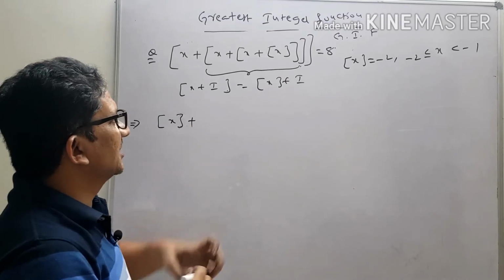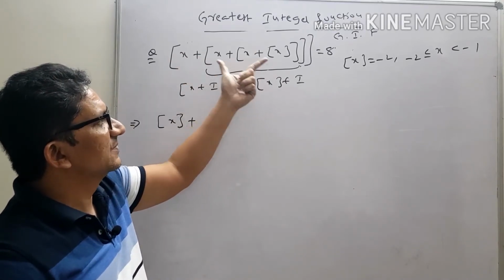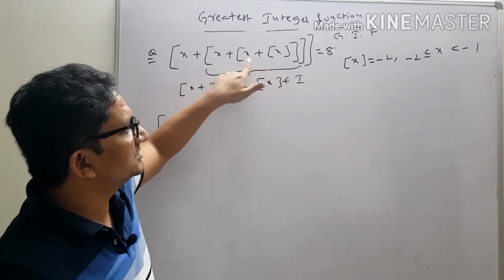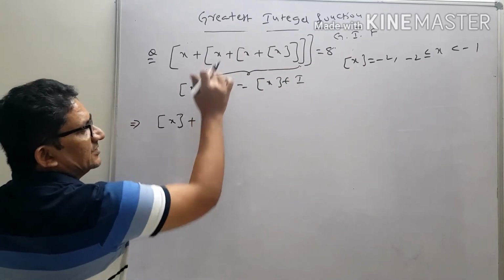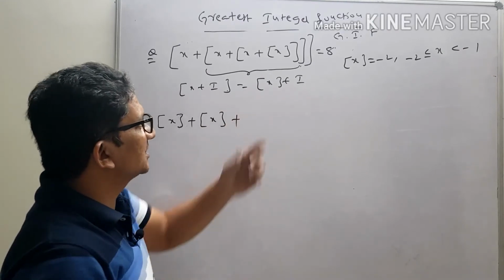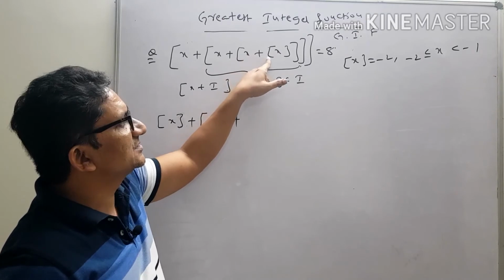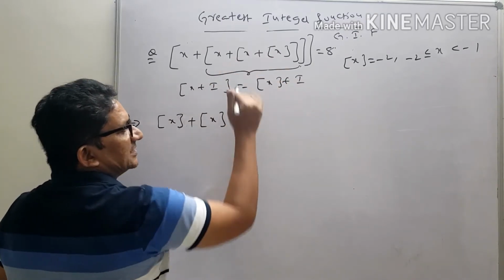Now we concentrate on this part. In this part, again we have x plus one more integer, and we send this integer also outside. Then we concentrate on this inner part. In this inner part, again we have x plus integer, that integer we send out, and it stays here.